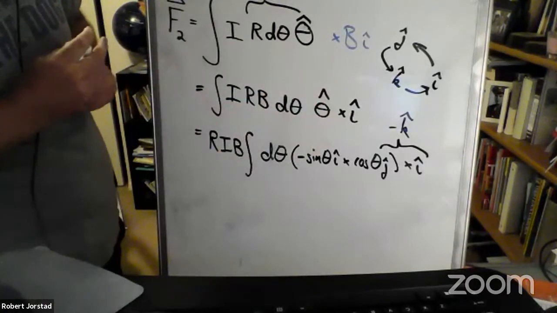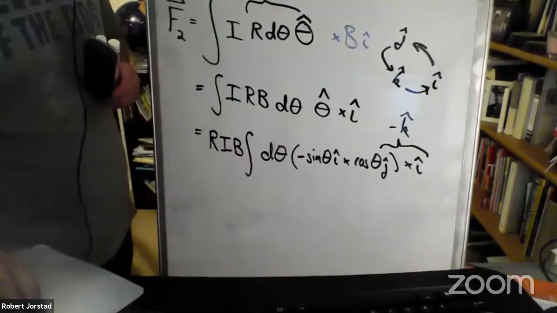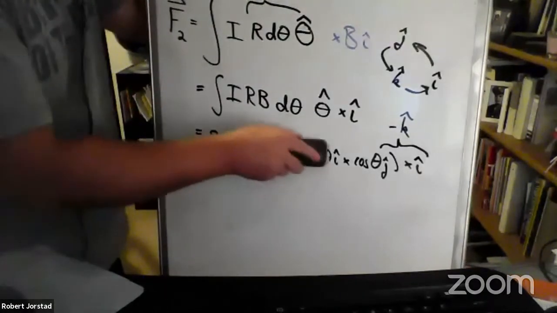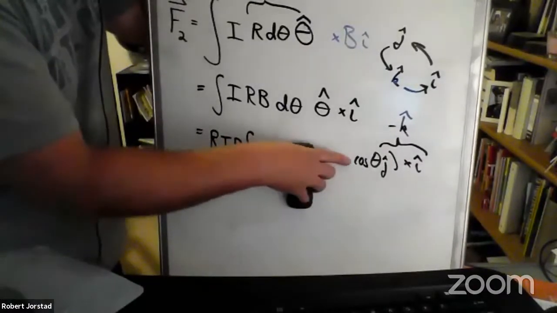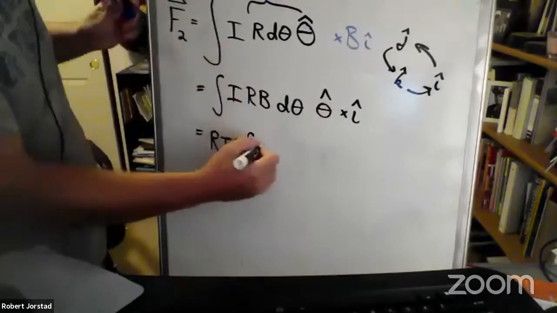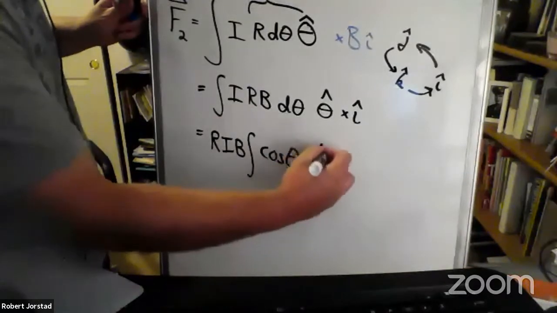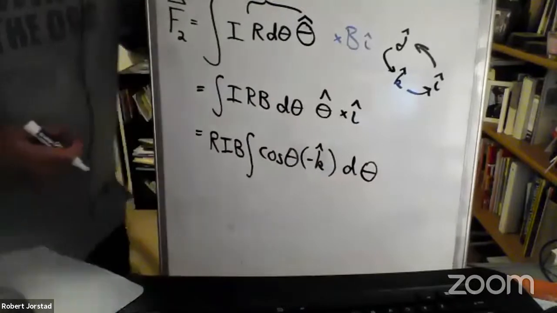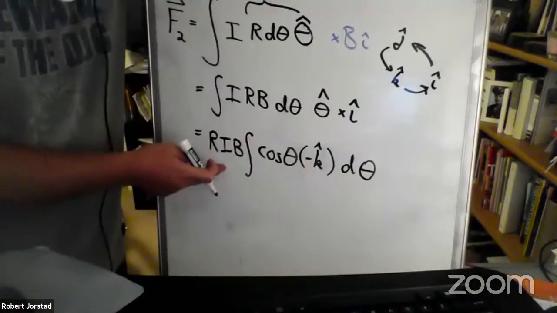In this case, what do we get? I'm running out of room. This term drops out. And then I get left with, what was it? Cosine theta negative K hat, d theta. And we see how important it was to do that cross product first. Now the negative K hat will just pop right out.